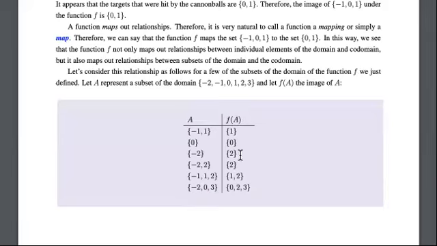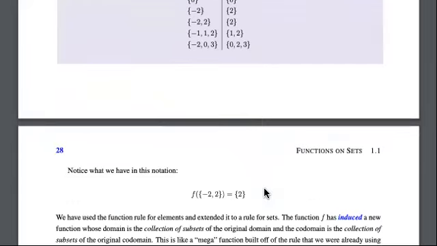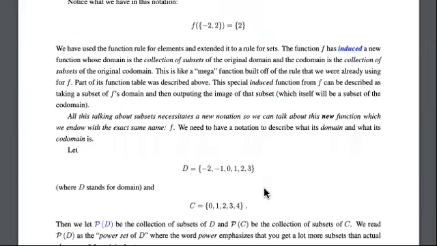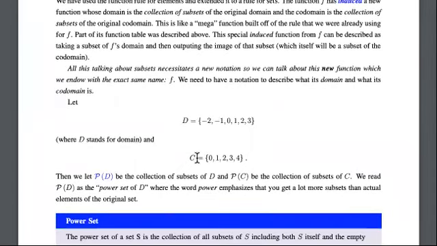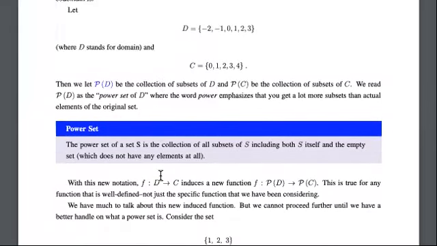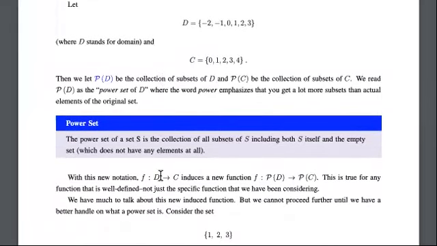You've just made a function that goes from subsets of the domain to subsets of the codomain. This is a function that's induced from the other one. Function f has induced a new function, where we've come from subsets of D to subsets of C, where D is the domain and C is the codomain. We need some notation here.